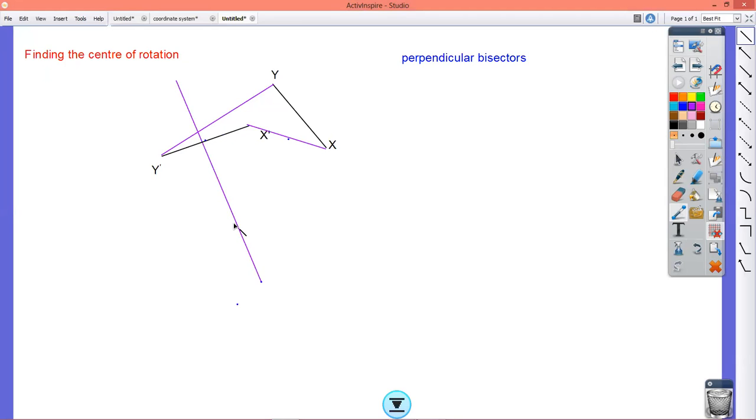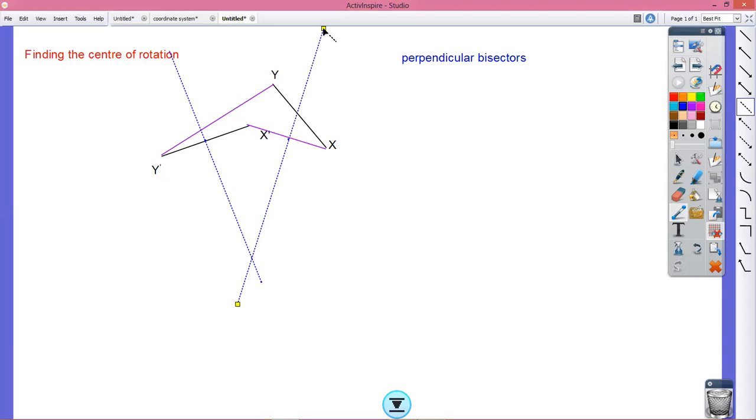Okay, let me use another color. Blue can be here. Now this is the first perpendicular bisector, and this one will be the second perpendicular bisector.